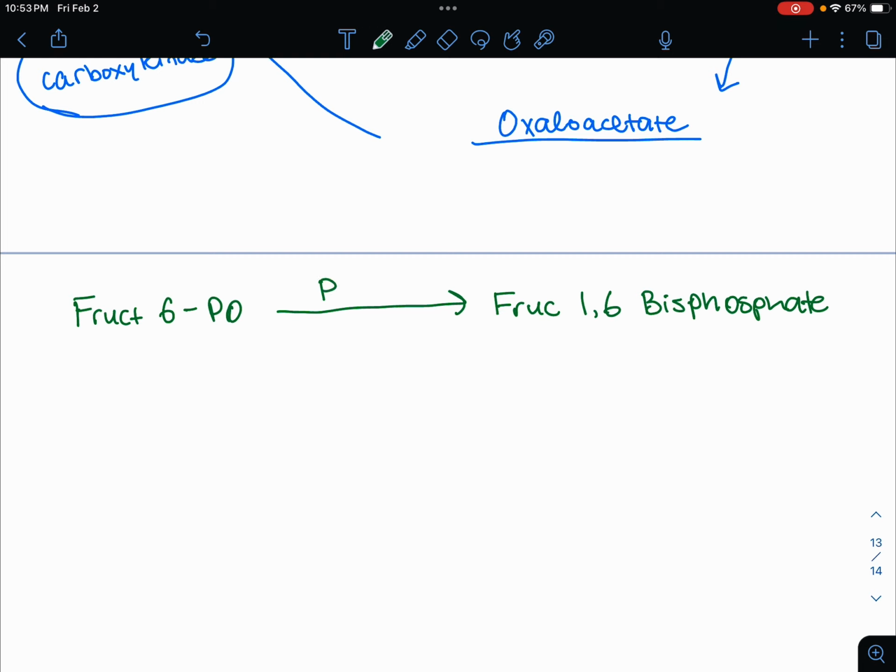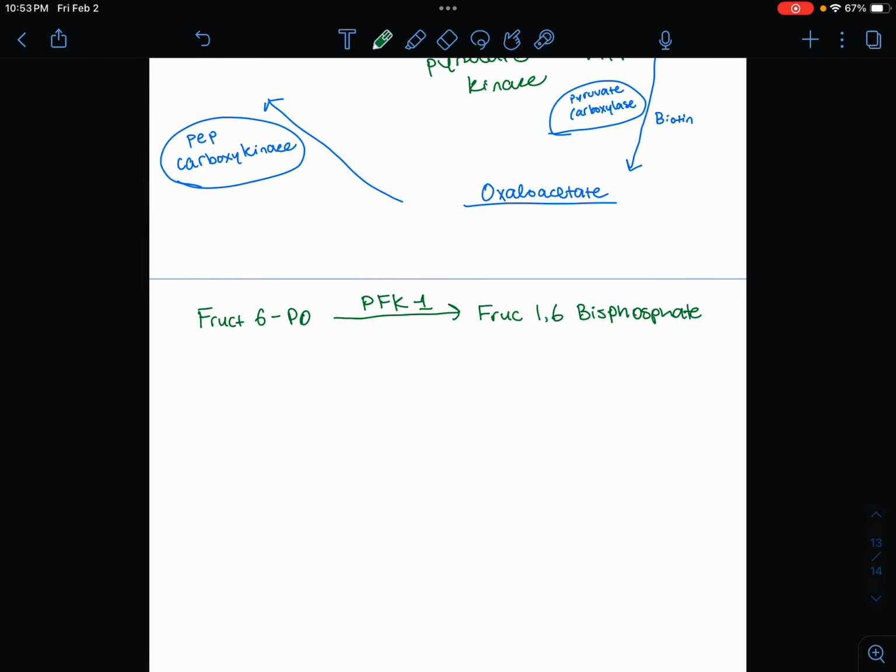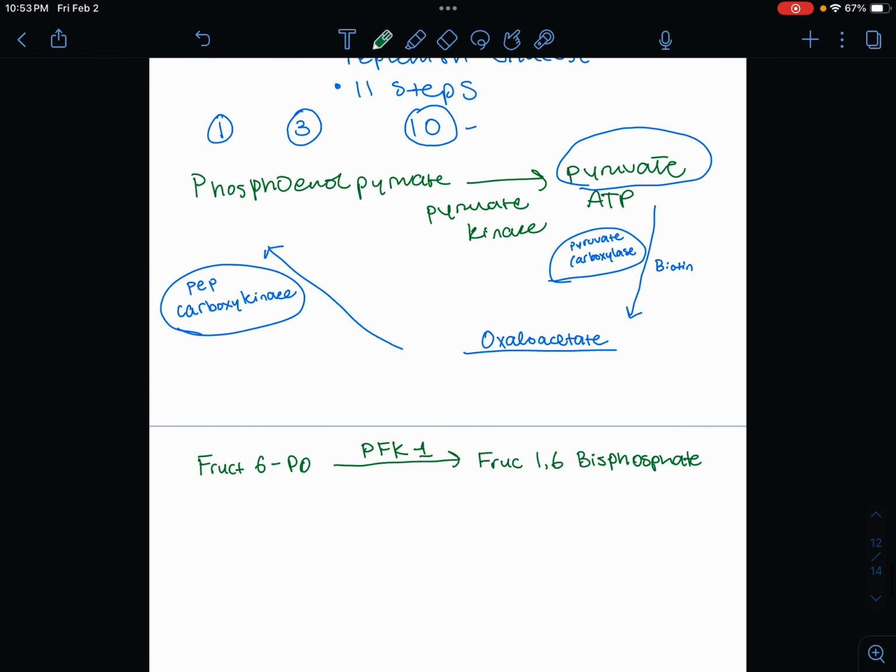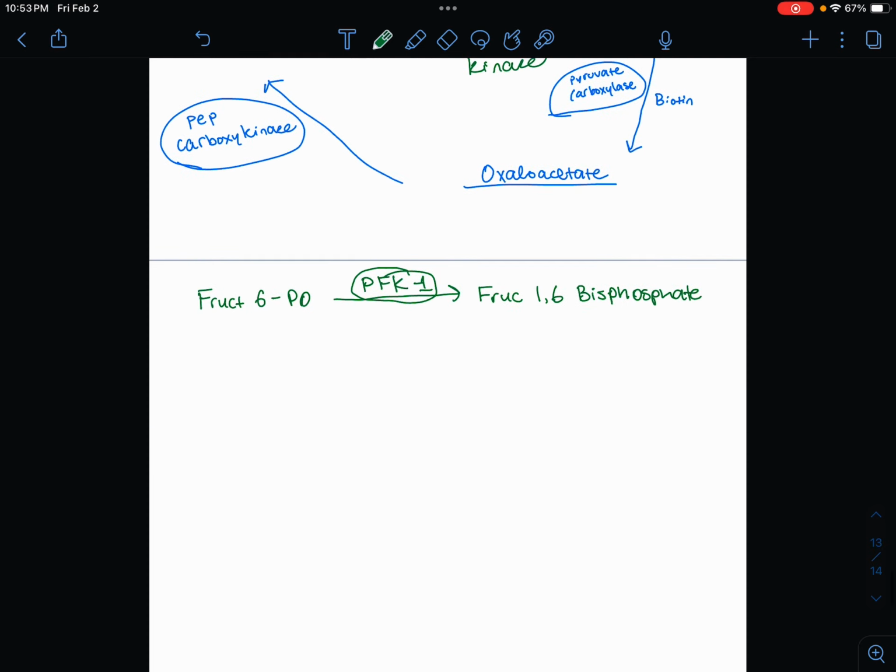Fructokinase... yeah, phosphofructokinase. Sorry about that mishap there. I was thinking of a different enzyme. But fructose 6-phosphate uses the enzyme PFK1, or phosphofructokinase, to get to fructose 1,6-bisphosphate. That's step 3 in glycolysis.